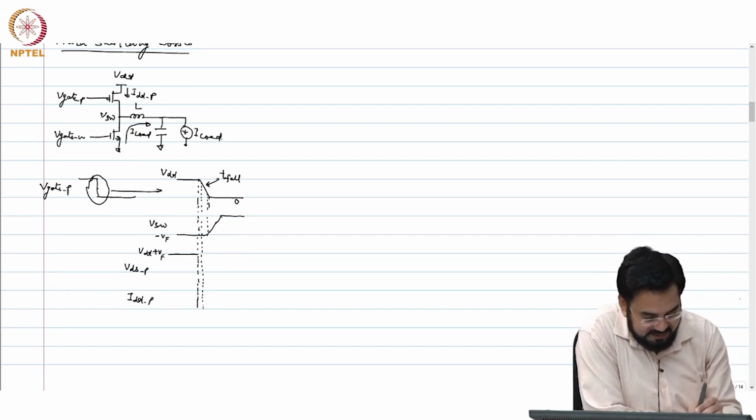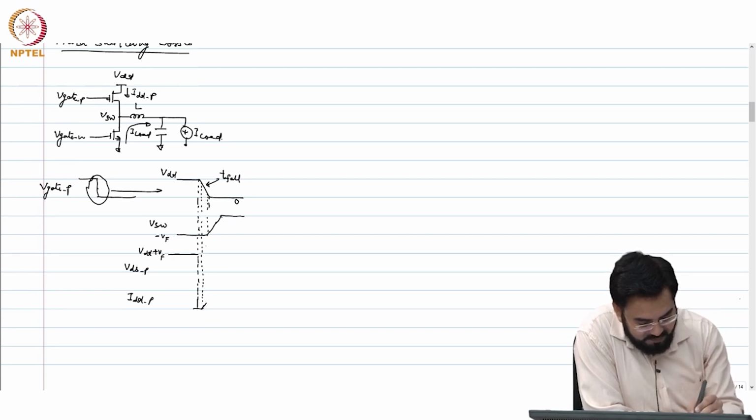So, let us say this is the point where you cross the threshold voltage, and this is the point where it becomes I load.